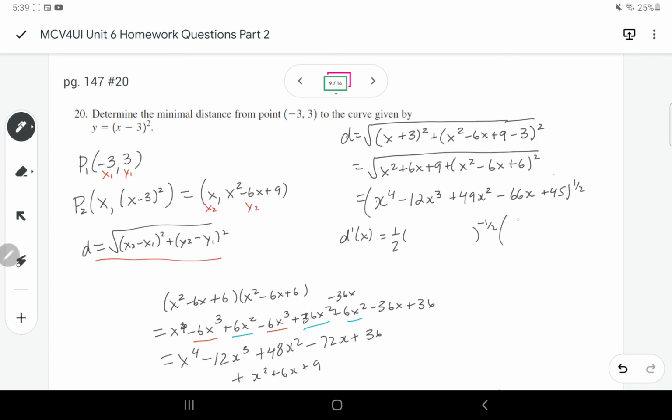So I would have 4x cubed minus 36x squared for the derivative of this plus 98x minus 66. That looks like a mess to factor, but that's the process we would take. I'm going to have to grab a calculator or Desmos to figure out what the zeros are.